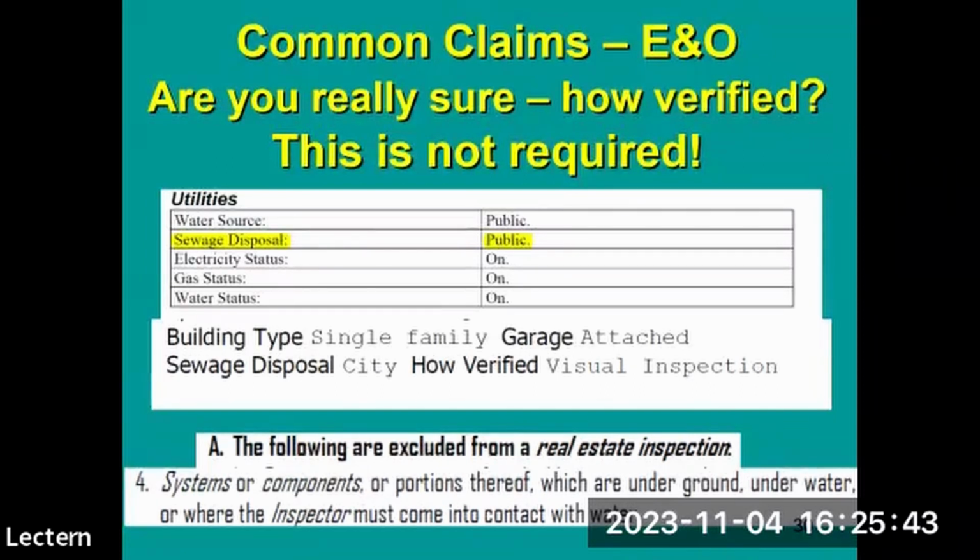Well, I know you're not allowed to do that, but how is the inspector going to know it's there? So the house was like that for 30 years. Clients purchased it, and about a year after they bought it, the tank filled up. And of course, it was a major thing having this septic tank under the driveway, which was some special kind of material that was going to be like $50,000 to replace.